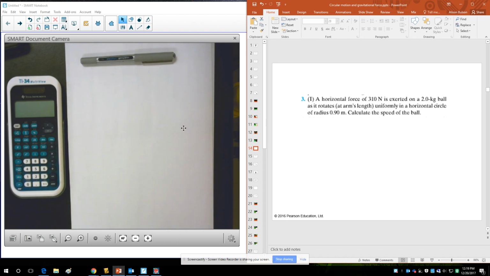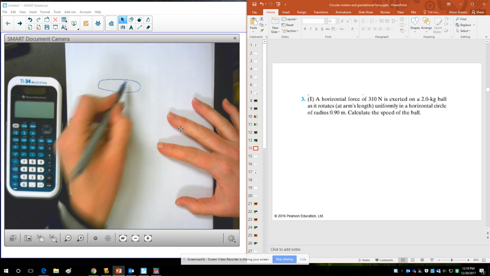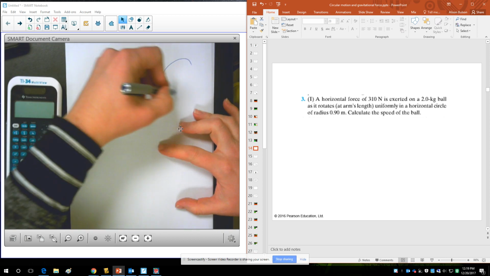There. Okay, so a horizontal force of 310 newtons is exerted on a 2-kilogram ball as it rotates at arm's length uniformly in a horizontal circle. So the circle is horizontal, so I try to draw that like this rather than vertical, which would be like that.